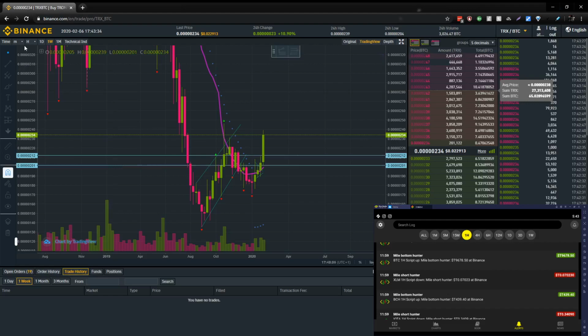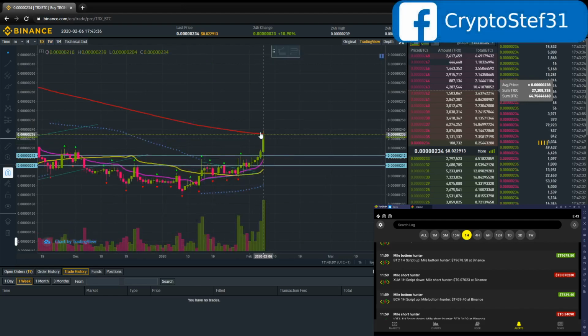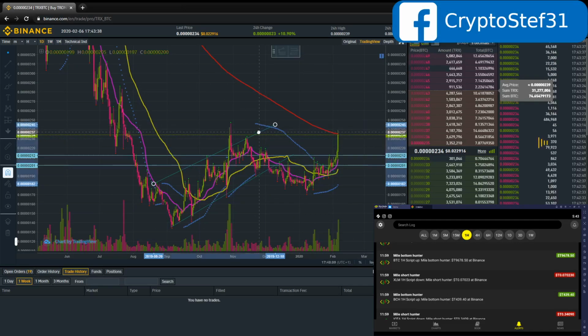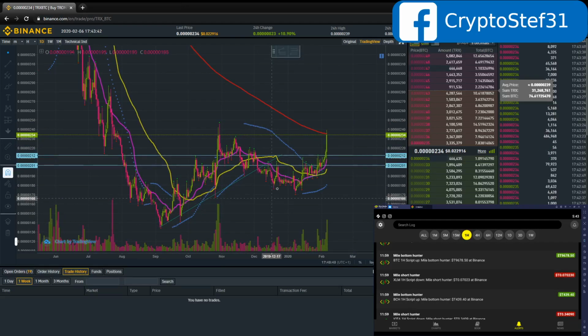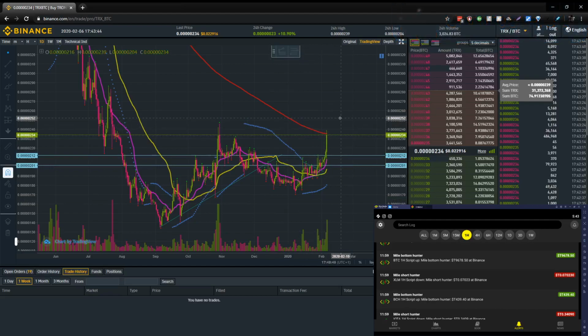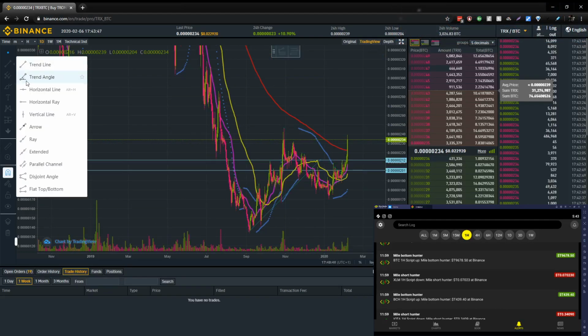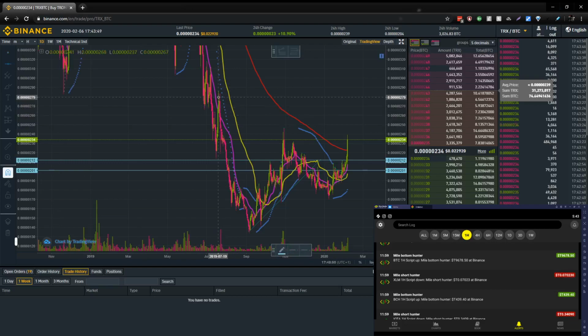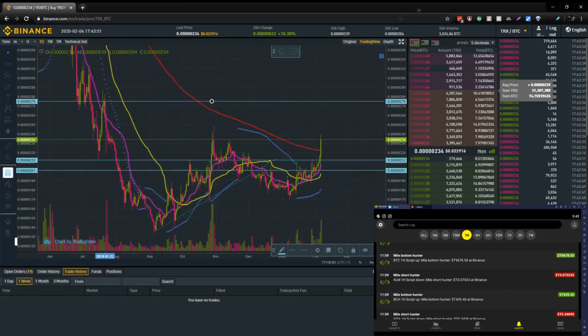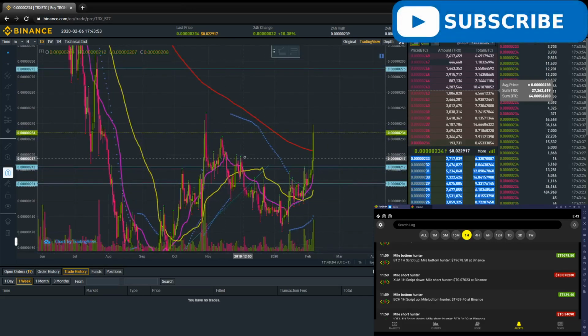I don't know why. And it's testing the 200 daily resistance, which is also not great, but if it closes above, then probably it will test this zone. So let's see if we can trade this. Yeah, we can trade it.